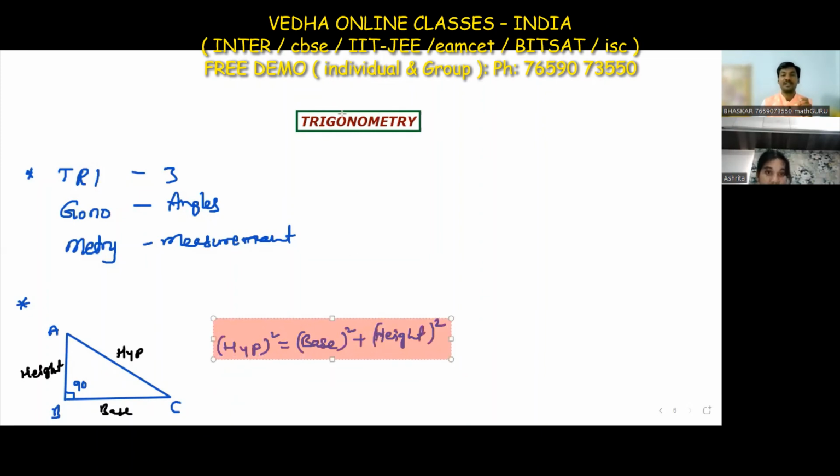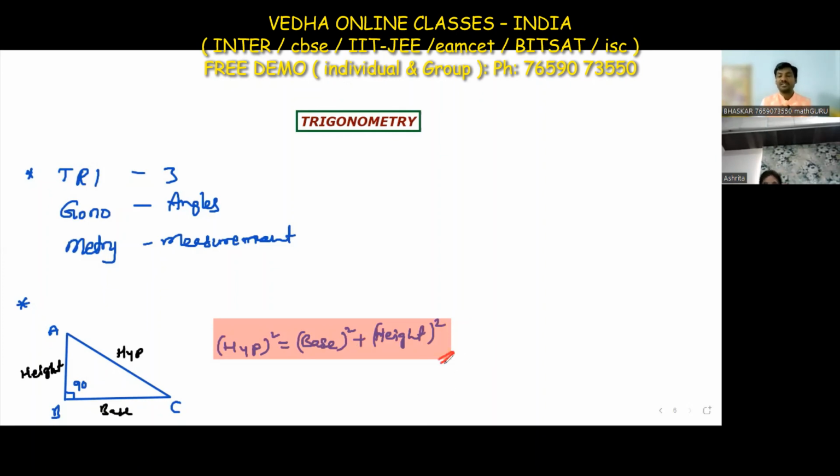The side opposite to 90 degrees is the longest side in the right angle triangle, and that is the hypotenuse. Sometimes AC is the hypotenuse, sometimes AB may be the hypotenuse, sometimes BC is the hypotenuse. It depends on the situation and on the question. That's why this is the better way to remember.